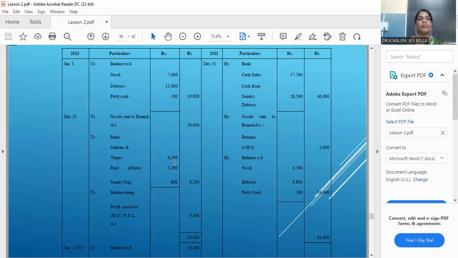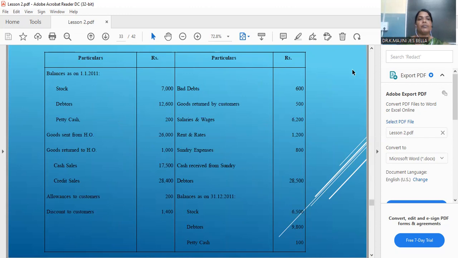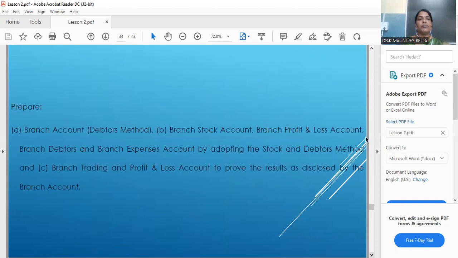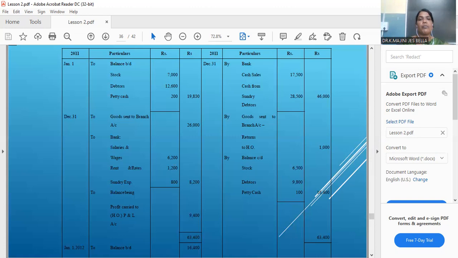Then you come to the next part. December 31st. Goods into branch, 26,000. So you can write here goods into branch for 26,000 on December 31st. Then we have to see what the expenses are.